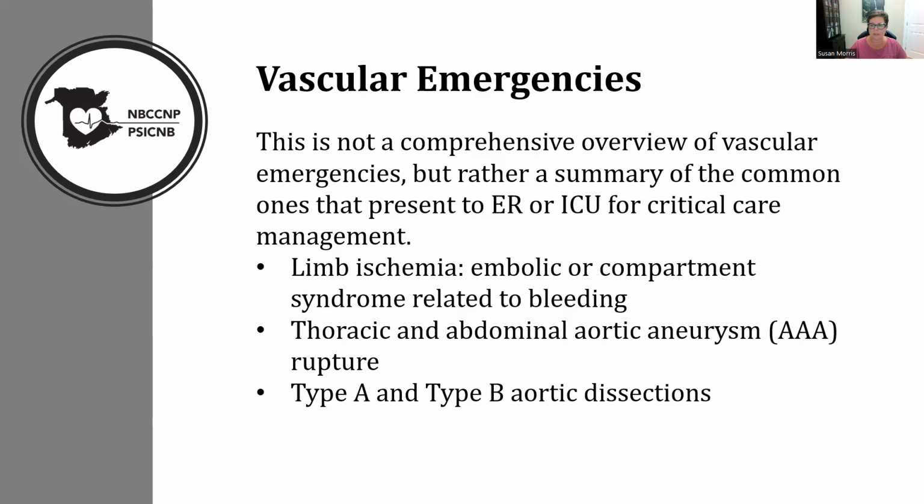We're also going to look at some of the vascular abnormalities that can cause a really acute problem, such as a thoracic or abdominal aortic aneurysm rupture, or patients who present with type A and type B aortic dissection. Those are going to be the three vascular emergencies that we're going to explore today.